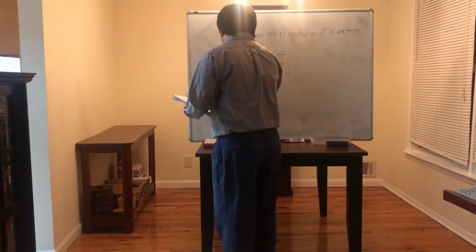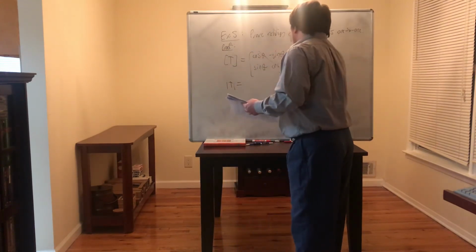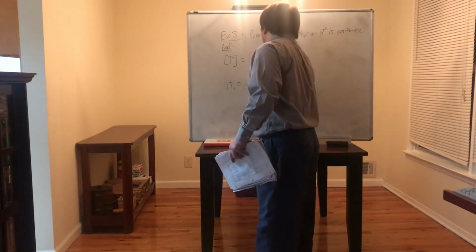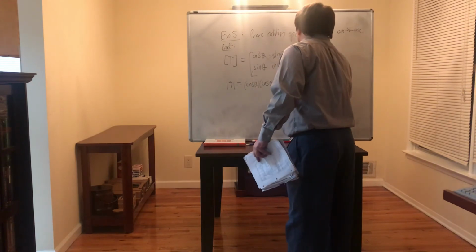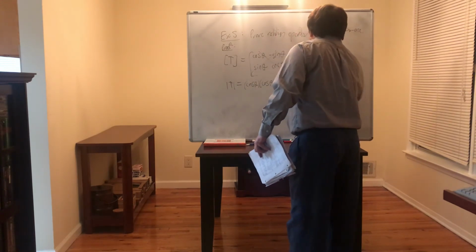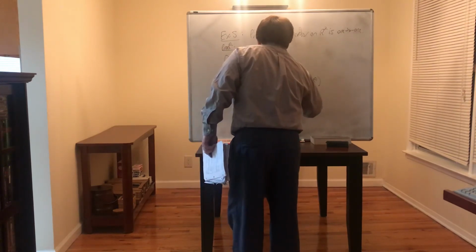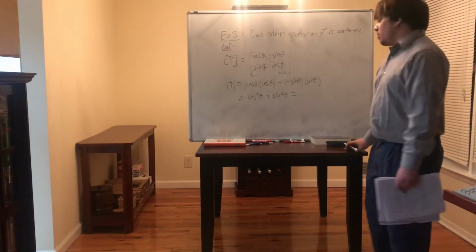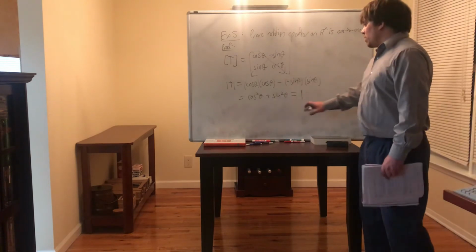Now, if you take the determinant of that matrix T, you're going to get cosine theta times cosine theta minus negative sine theta times sine theta. And so what is that? That's equal to cosine squared theta plus sine squared theta. Well, we have a trig identity that says cosine squared theta plus sine squared theta is always equal to 1. And so that means that the determinant of that matrix T is 1.